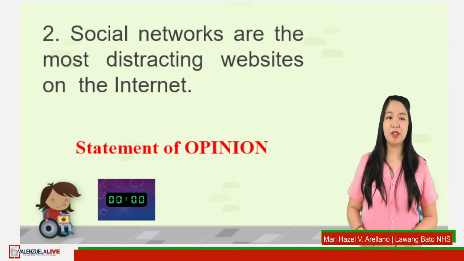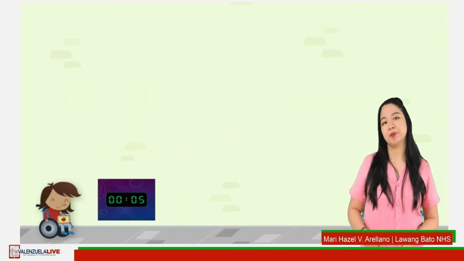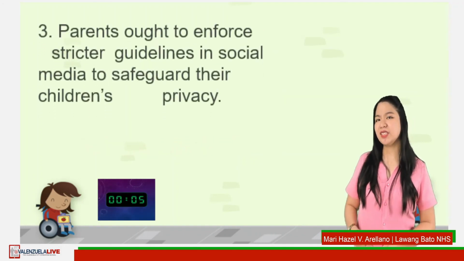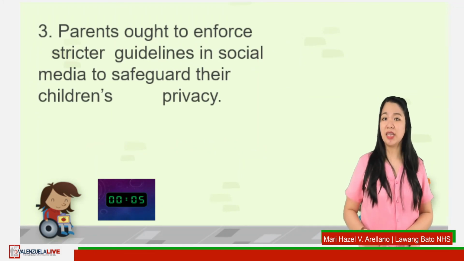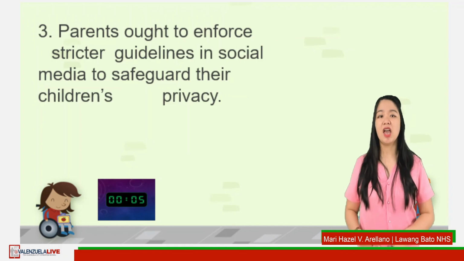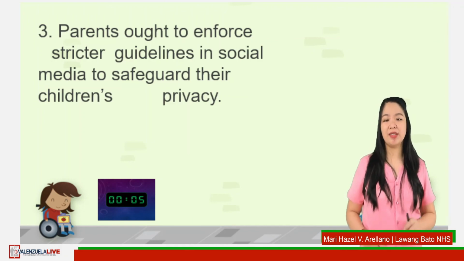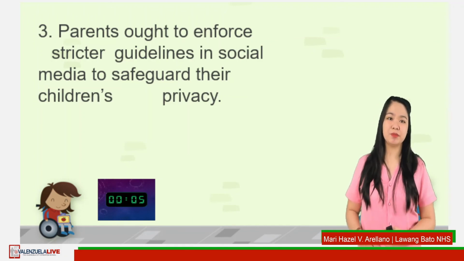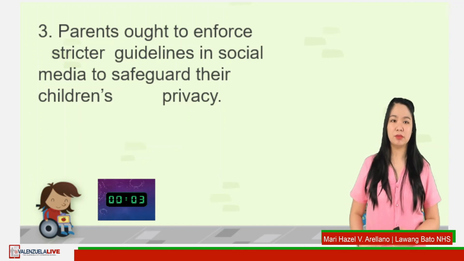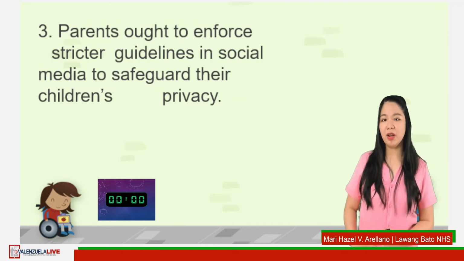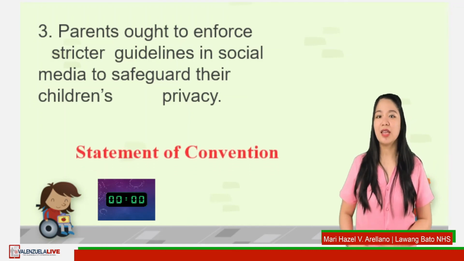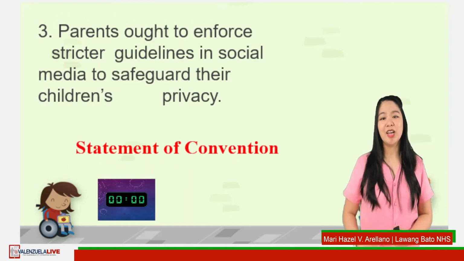Now, let's proceed with the third sentence: parents ought to enforce stricter guidelines in social media to safeguard their children's privacy. You have 5 seconds to answer this sentence. If your answer is statement of convention, you are correct.